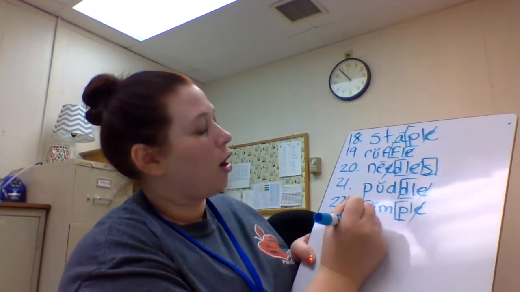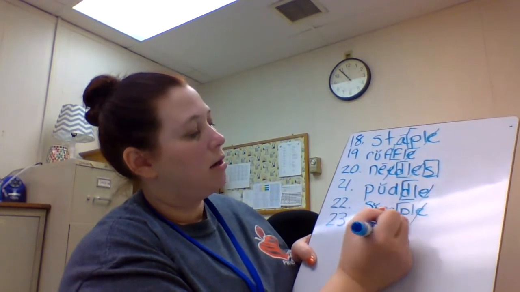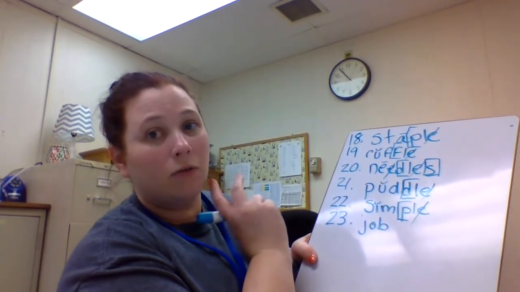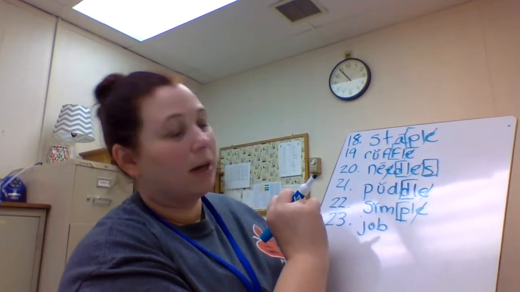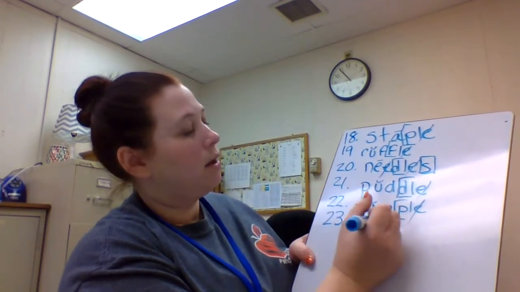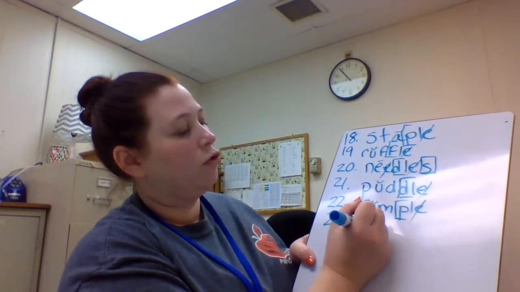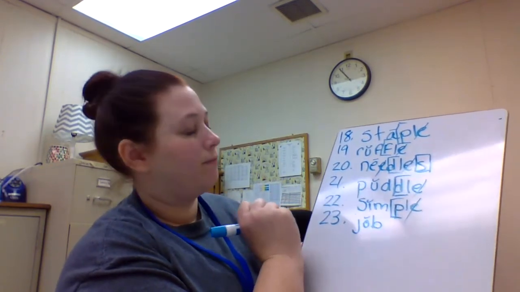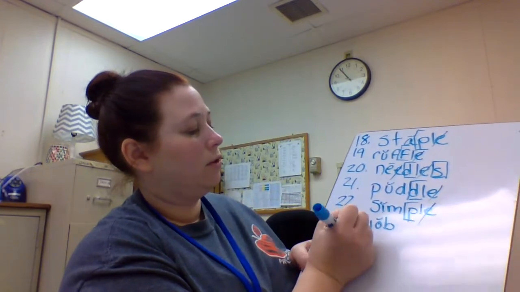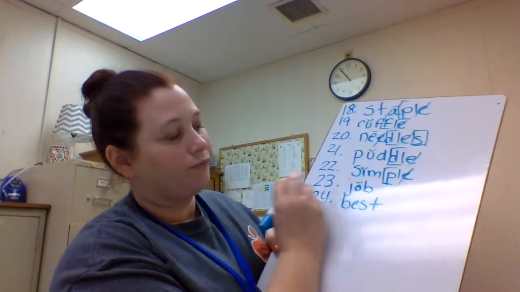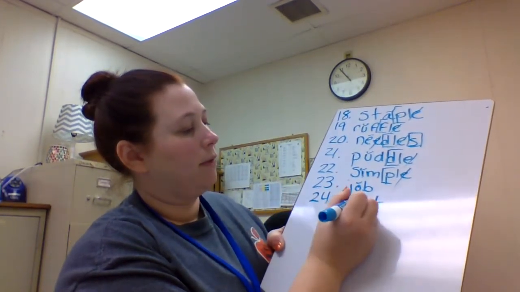23. Job. We don't have anything to code really that's obvious. No suffixes, no final syllable sounds, nothing like that. So we're just going to say we have vowel consonant, so it gets the breve. J-A-B. Good job. 24. Best. Again, no real obvious things. We have vowel consonant.